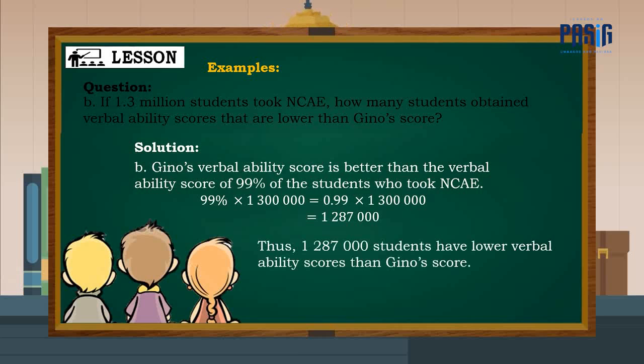Thus, 1,287,000 students have lower verbal ability scores than Gino's score.